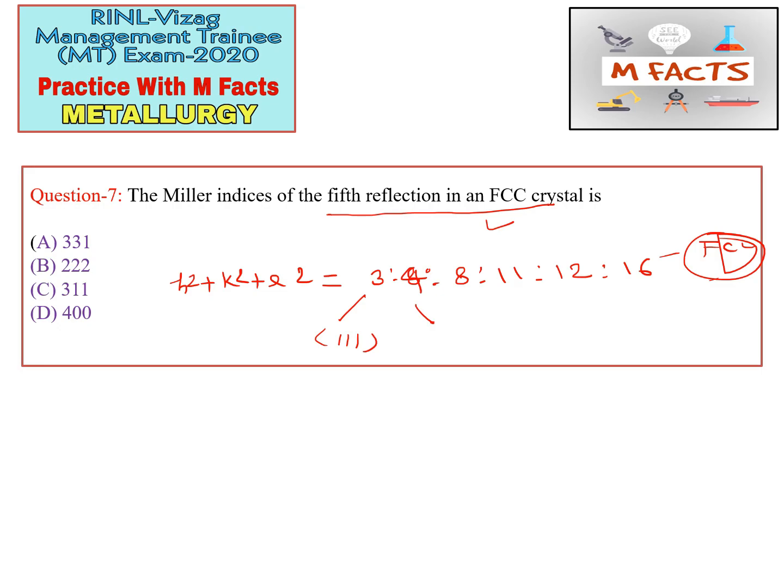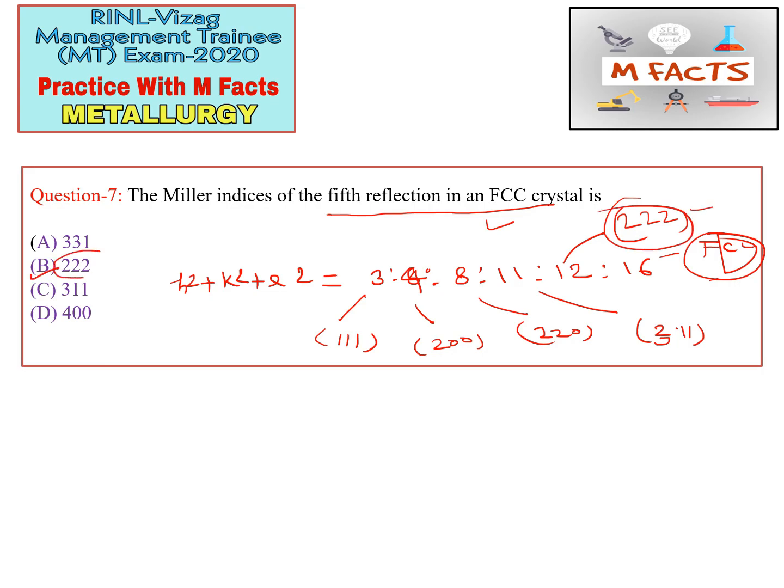The second reflection is 200. The third one is 220. The fourth one is 311. And the fifth one is 222.